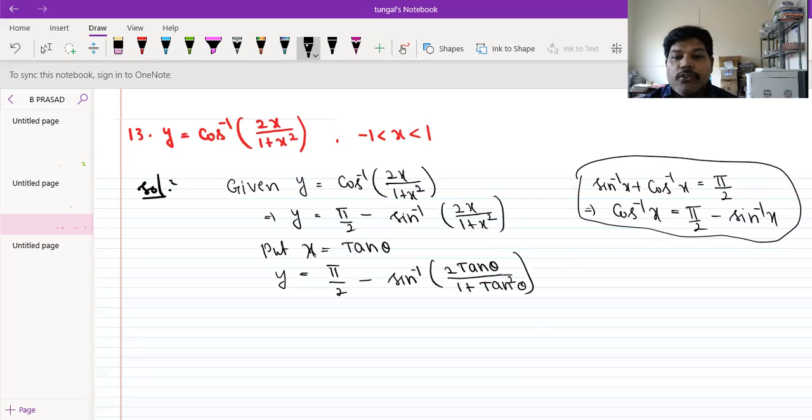So already you know the formula, students. What is sine 2 theta? Sine 2 theta in terms of tan is nothing but 2 tan theta by 1 plus tan square theta.